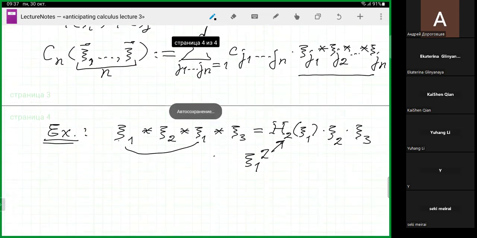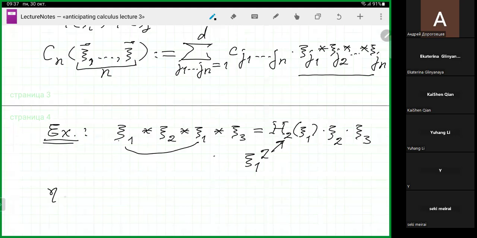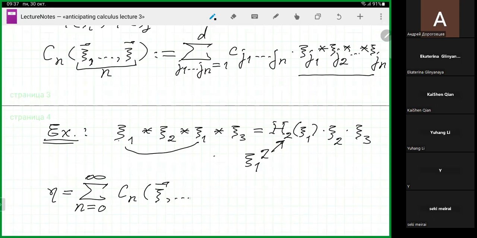And now, after this preparation, one can say that our random variable eta has the following expansion. I just unite the same degree of products of Hermite polynomials and get the expansion sum from 0 to infinity of Cn of xi. Okay.